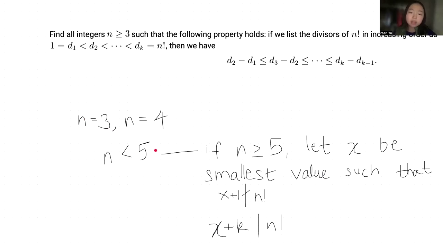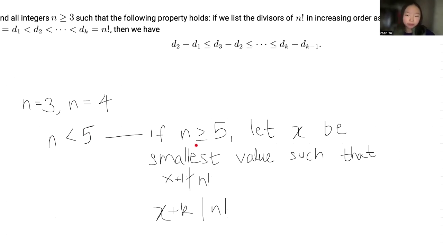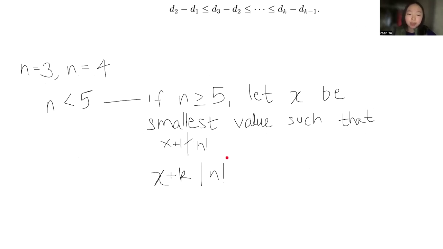So let's assume n is greater than or equal to 5. Then let x be the smallest value such that x plus 1 does not divide into n factorial. Therefore, we also set x plus k to be the smallest factor above x that does divide into n factorial.